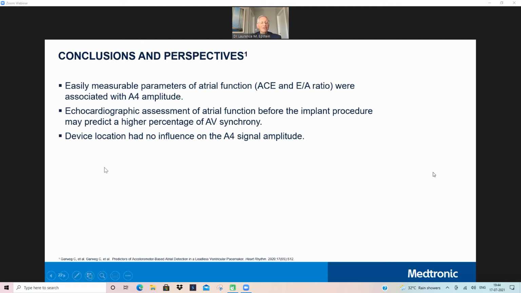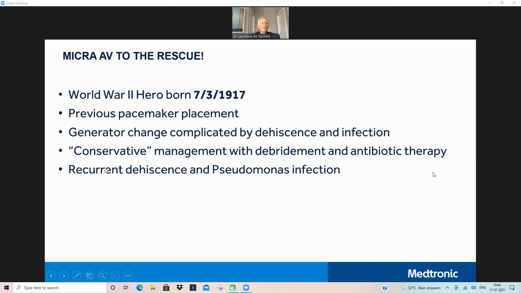Let's go to the next slide. So I just wanted to present a case that I had just done a couple of weeks ago, and it was Micra AV to the rescue. The patient was a World War II hero who was born on July 3rd, 1917, which makes him 104 years old.